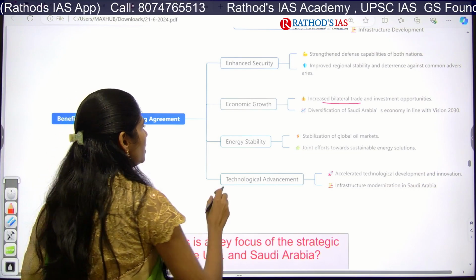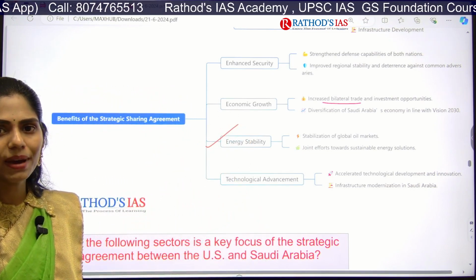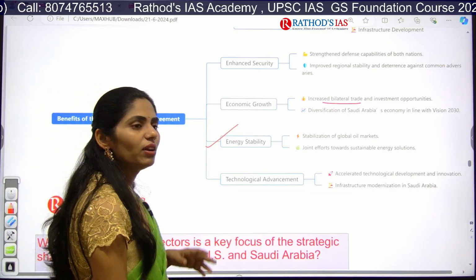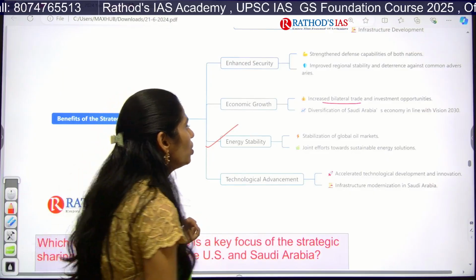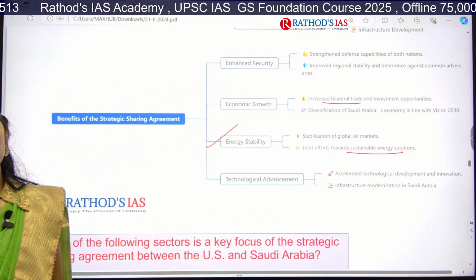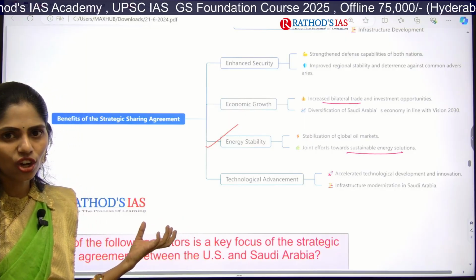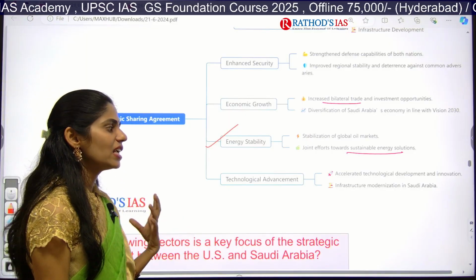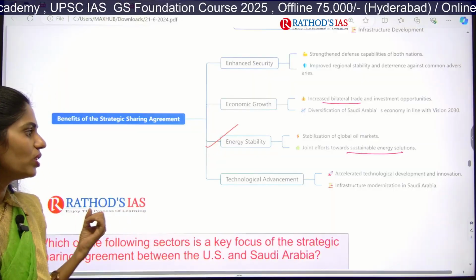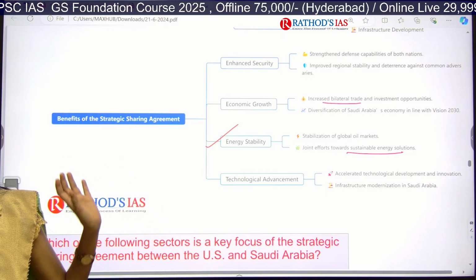Energy stability will automatically happen in global oil markets. They will also take some efforts towards sustainable energy solutions, and focus on technology advancements and infrastructure modernization in Saudi Arabia. So all these are important advantages of this agreement.